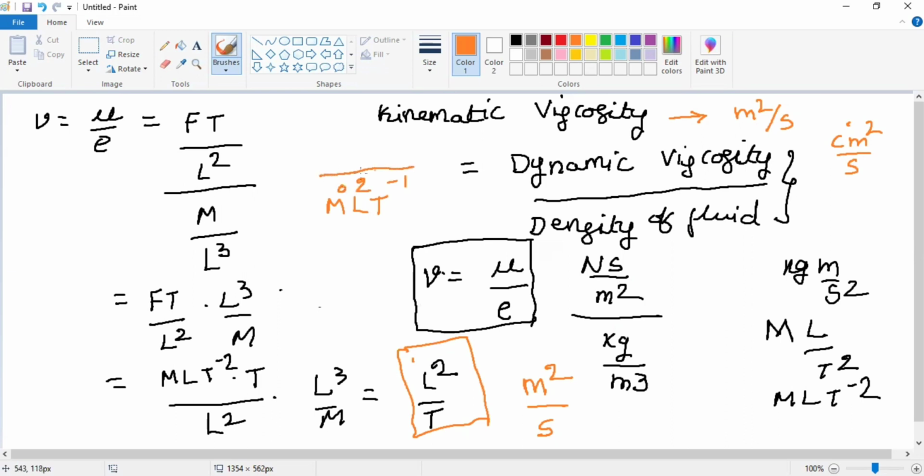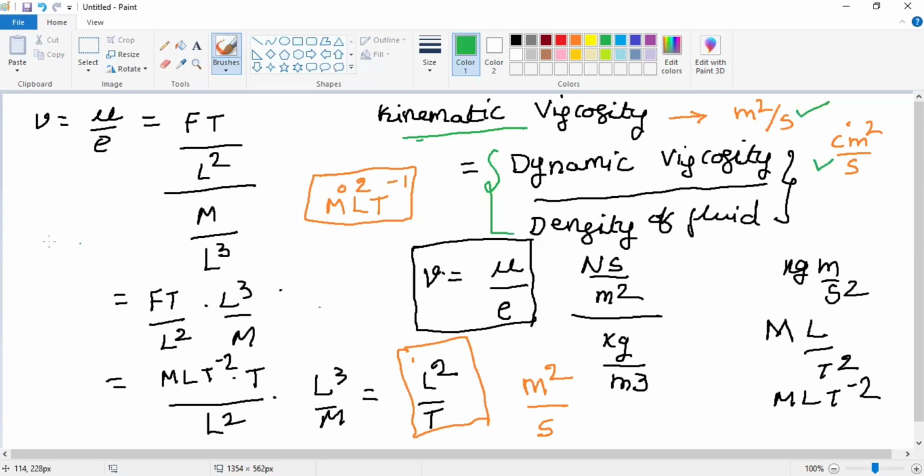There is no mass. So this is also an important bit. Up to now, we have four objective bits: the definition, that kinematic viscosity is the ratio of dynamic viscosity and density of the fluid; its formula, nu equal to mu by rho; its units, meter square per second and centimeter square per second; and its dimensional formula, M power 0 L square T power minus 1.